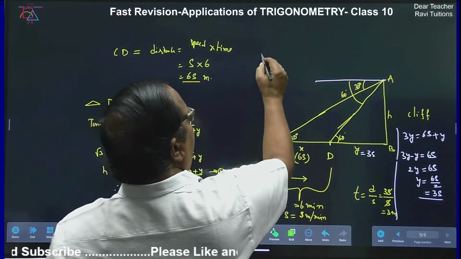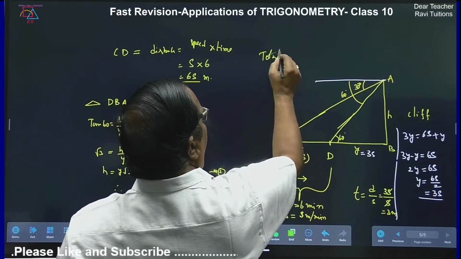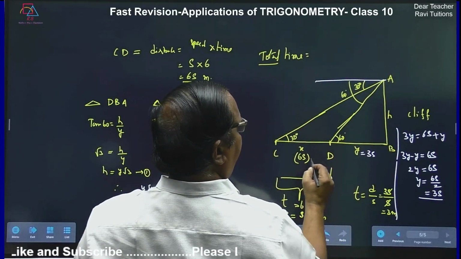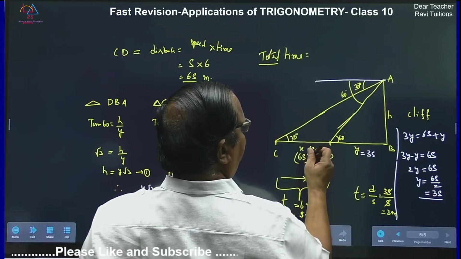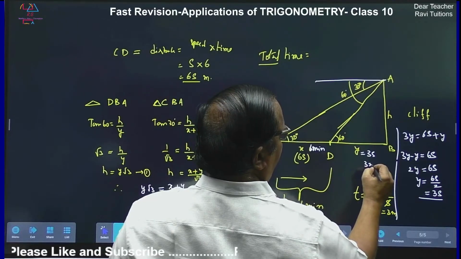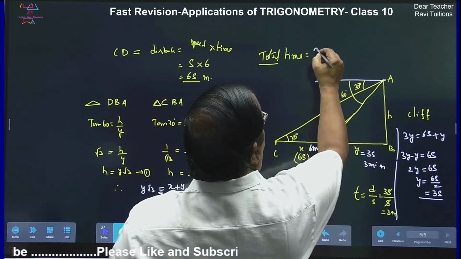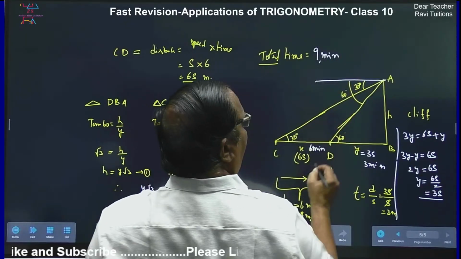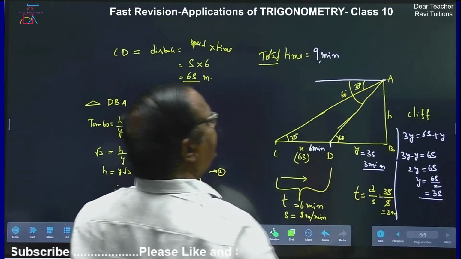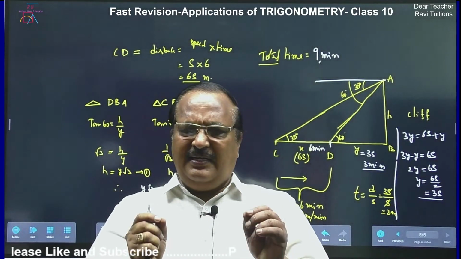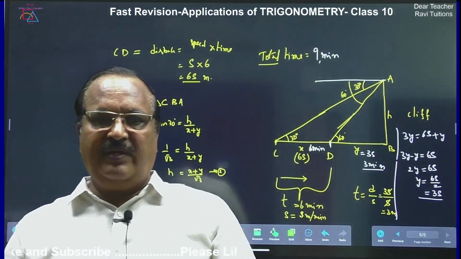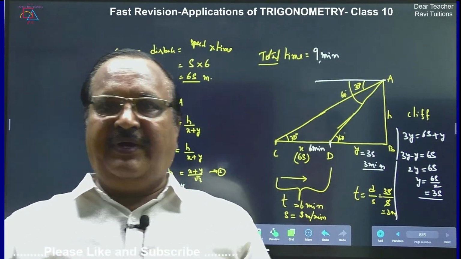So now the total time from C to B is 6 minutes here and 3 minutes here. So total 9 minutes. From D to B it is 3 minutes, and from C to B it is 9 minutes. A little distance calculation is needed in this question, right? So I hope you have understood.